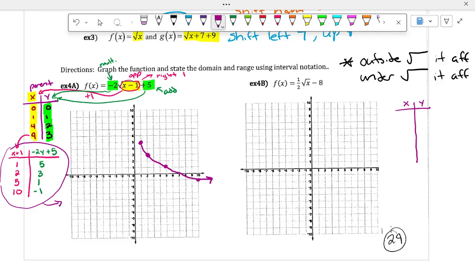But make sure you only want pretty numbers as your y values. So keep typing in until you get some pretty numbers.